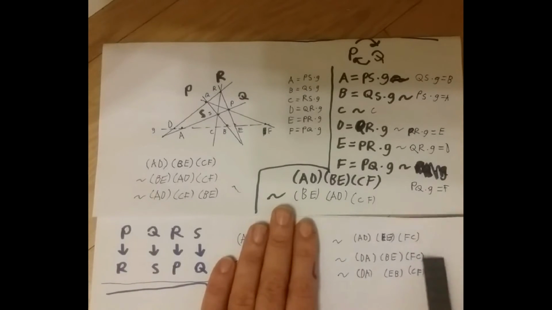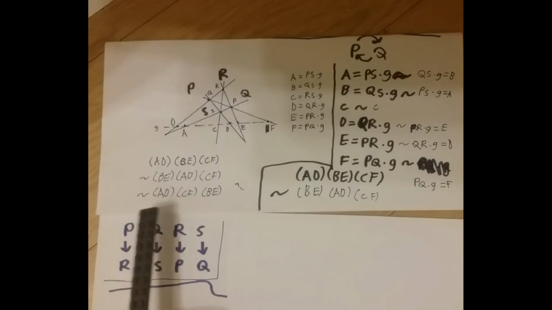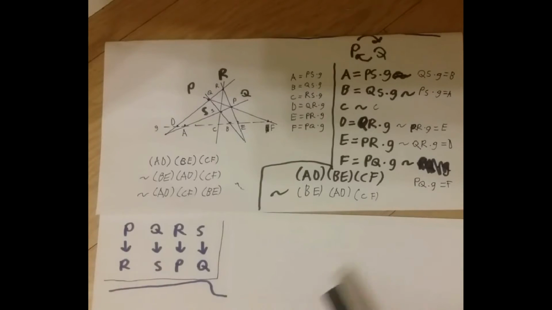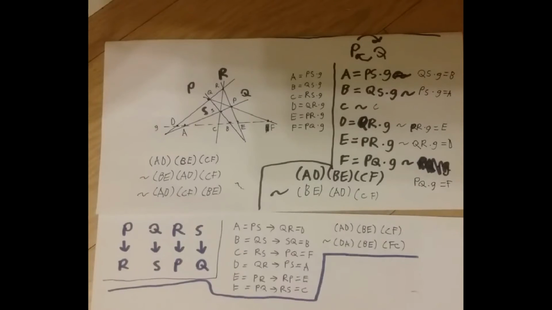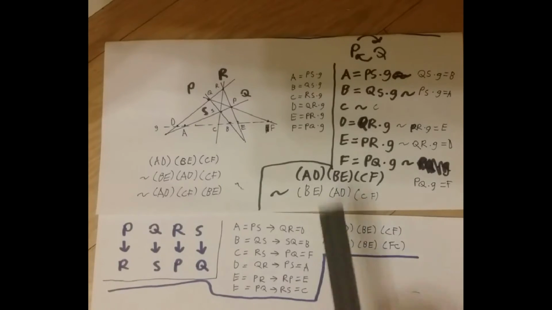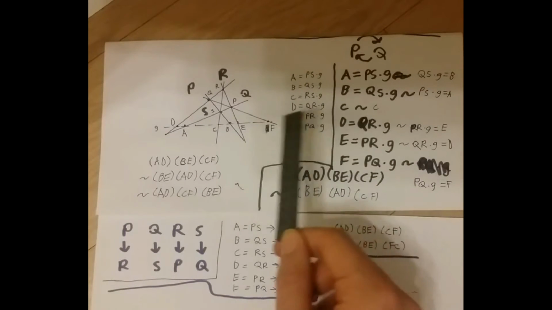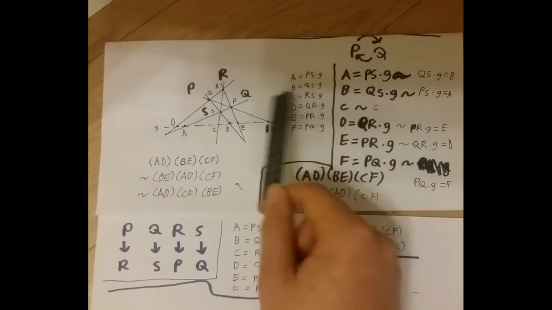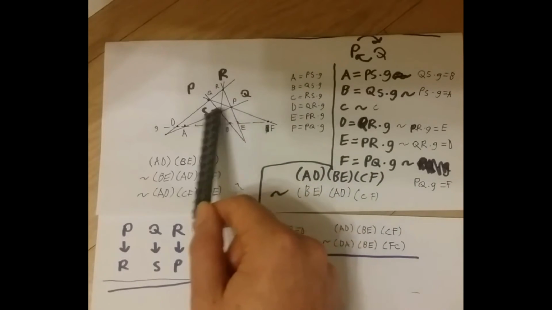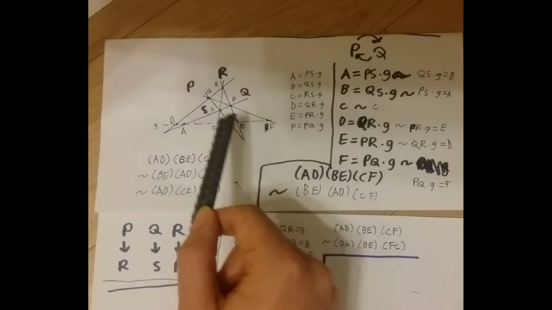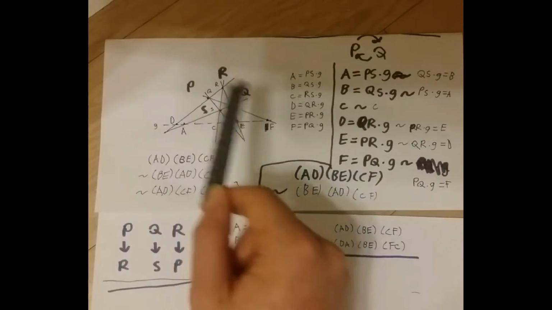To see this, just consider this permutation here, where we'll relabel what was P, we'll call it R, what was Q, we'll call it S, what was R, we'll call it P, what was S, we'll call it Q. So what effect does this have on our original lettering? Well, using our standard rule, that we'll find A, B, and C by looking at the edges which go through S, through Q, P, and R, and then we'll find D, E, and F as the opposites of those edges.